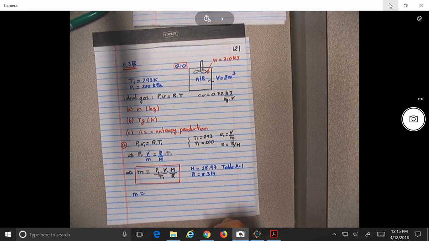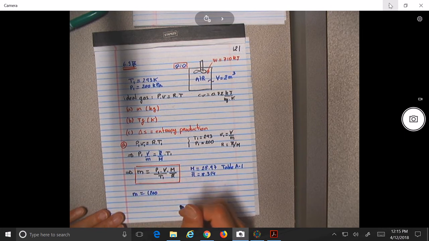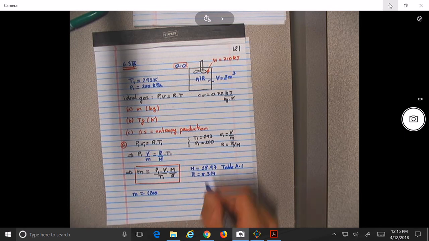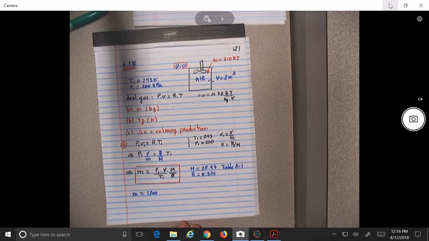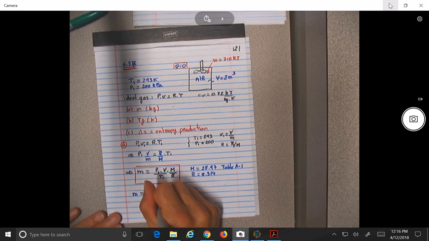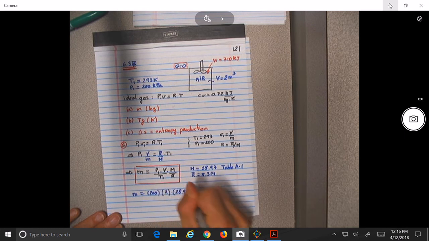So 200. Yeah, but I think they're gonna cancel with this. These are kilojoules, no? So I think those three cancel out. So 200 times 2 times 28.97. I think the unit should be okay.